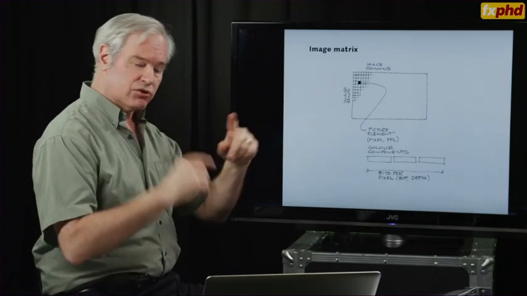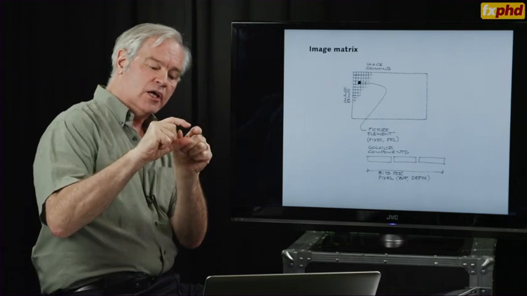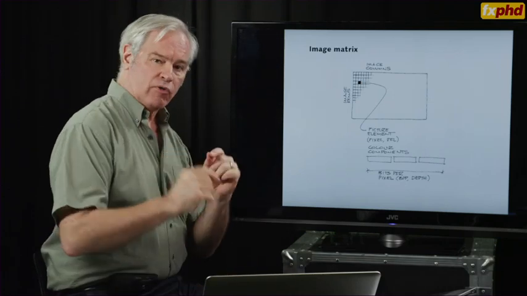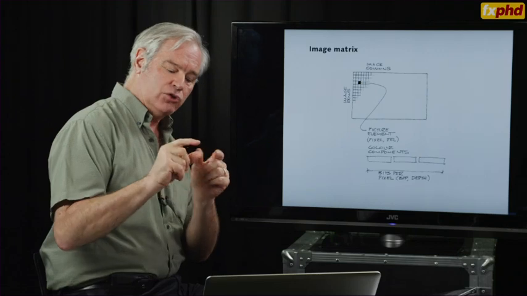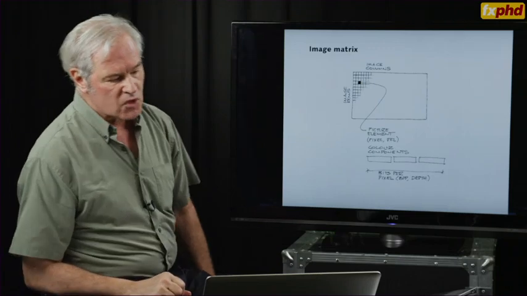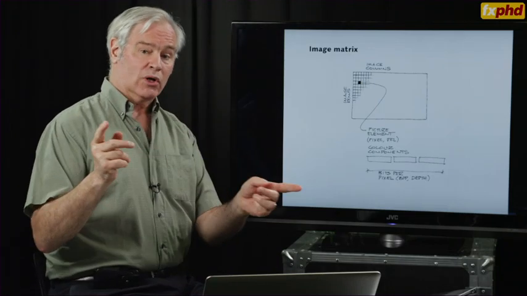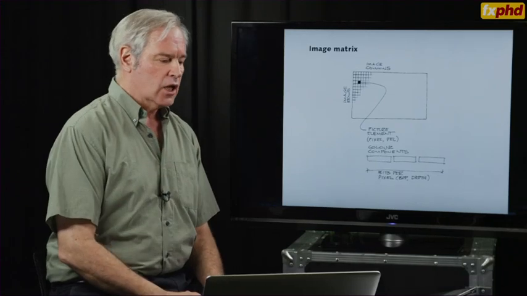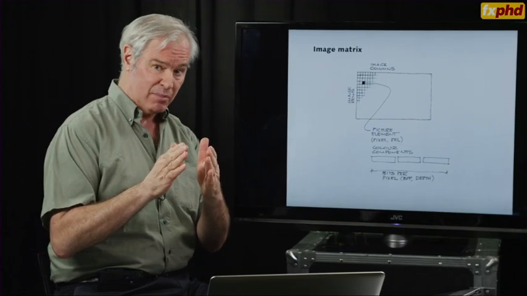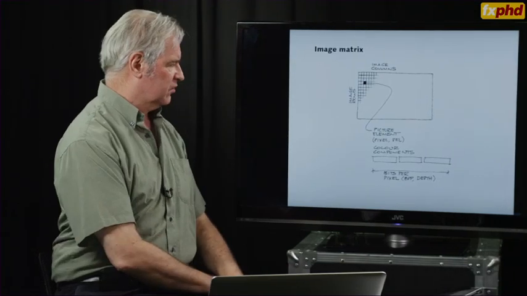And at each intersection is obviously a picture element or a pixel. For purposes of grayscale, you could record simply one number at each location. And that number may have more or less precision, in other words, wider or narrower bit depth.